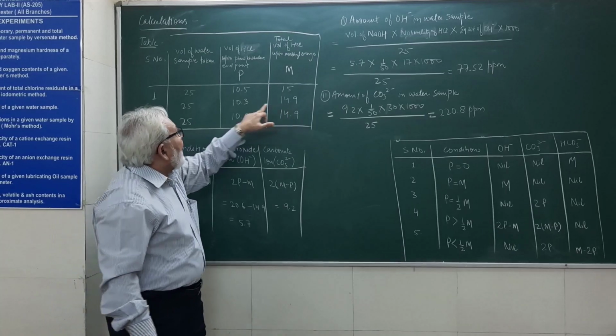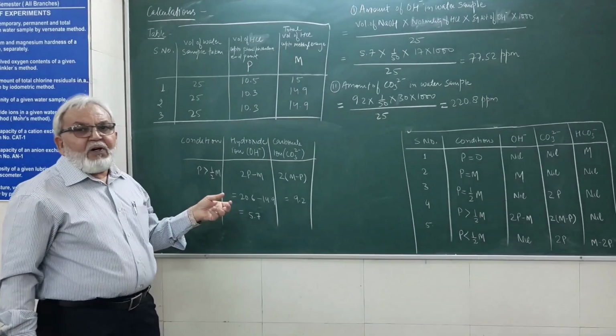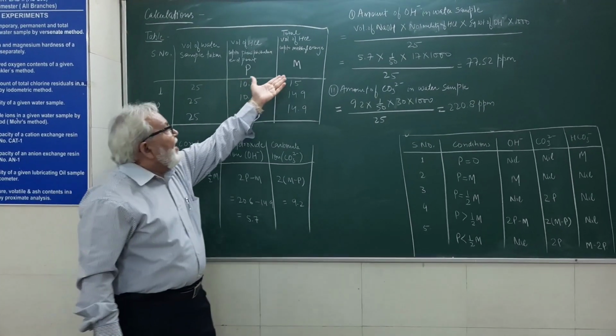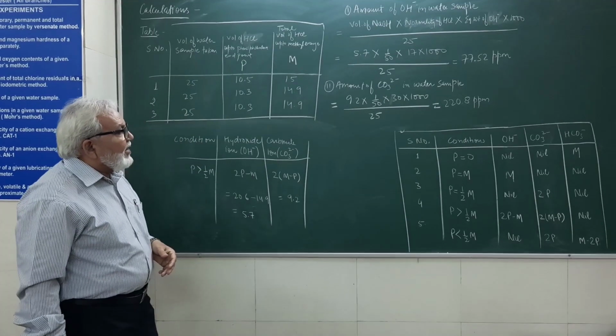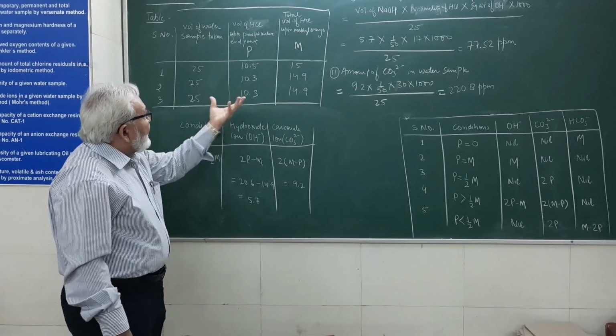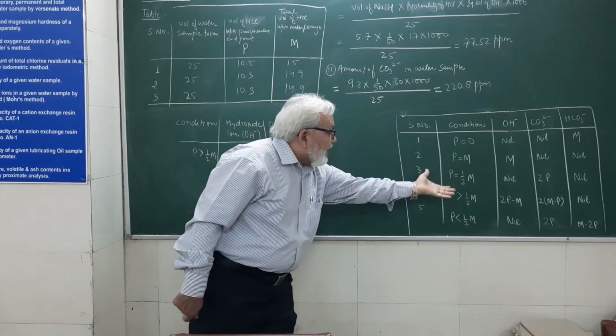So 14.9 and 10.3 are considered as the concordant volumes of acid consumed up to the phenolphthalein endpoint and methyl orange endpoint. Now, by these conditions, we will match with this table.